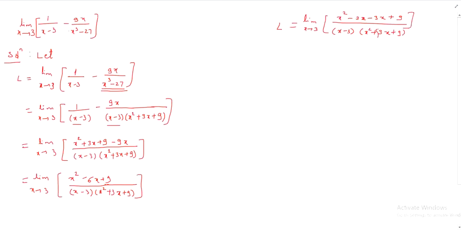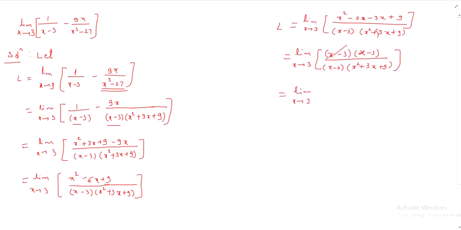Okay. So here we get the factors as limit x tends to 3 in bracket x minus 3 and again x minus 3 upon x minus 3 into x square plus 3x plus 9 bracket complete, is equal to limit x tends to 3.